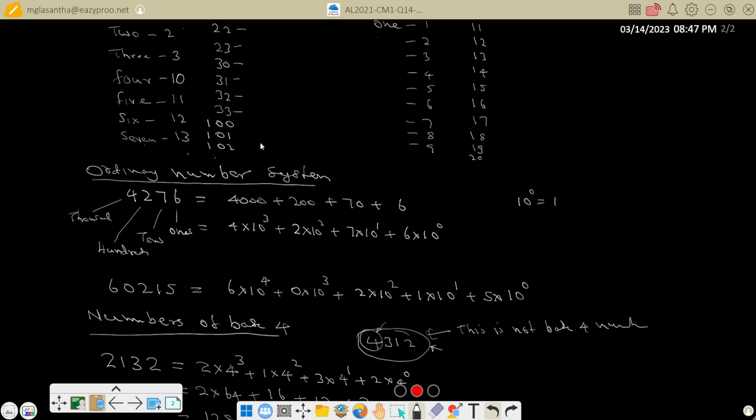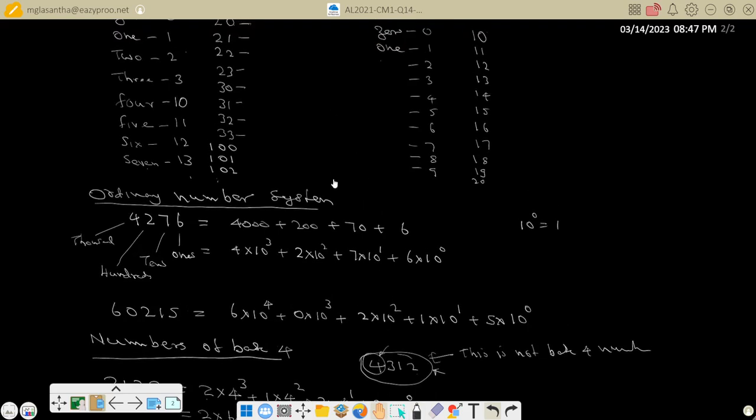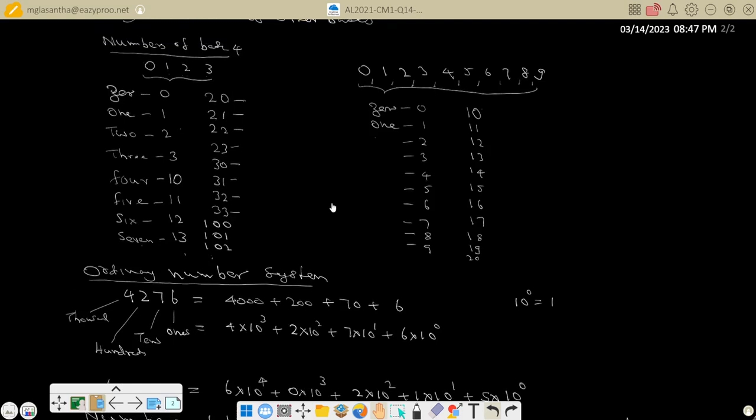This goes in that line, right? Only this when you take base 4 numbers. When you take base 4 numbers, only 0, 1, 2, and 3 only, right? No other digits are usable, right?